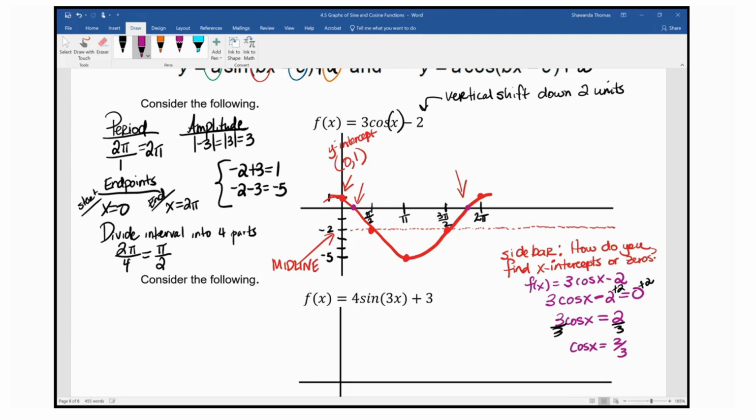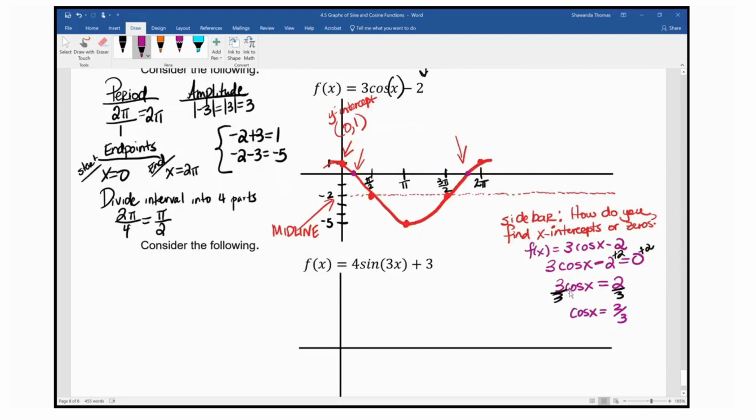I hadn't taught you this, but I'm going to go ahead and tell you. If we just want to get x, we have to do the inverse of cosine. So x will equal cosine to the -1, like an exponent, of 2/3. We do the inverse of it.